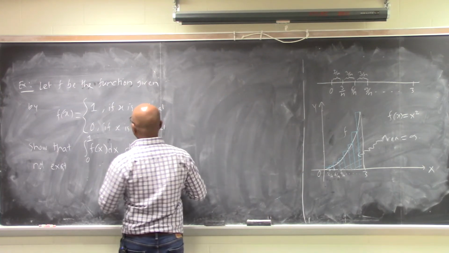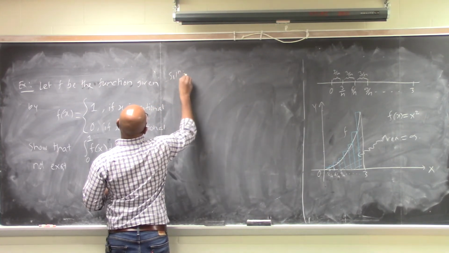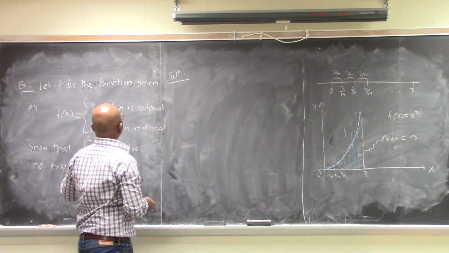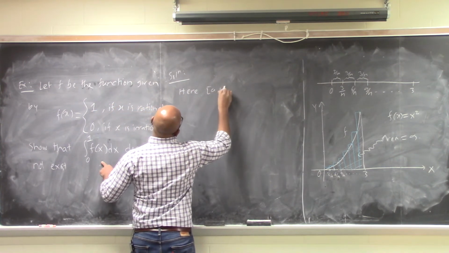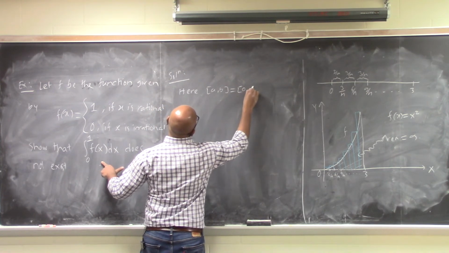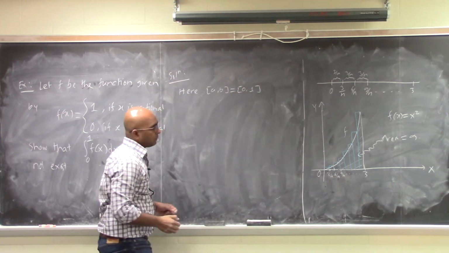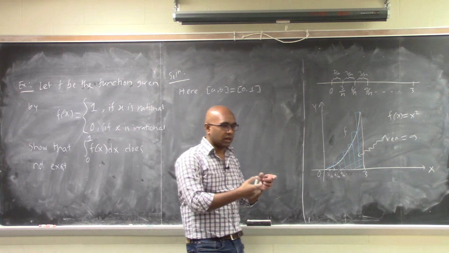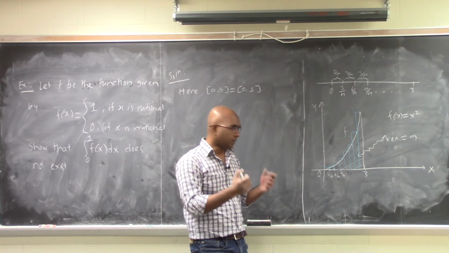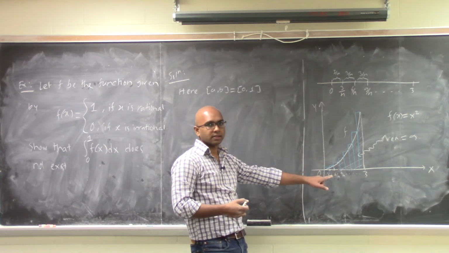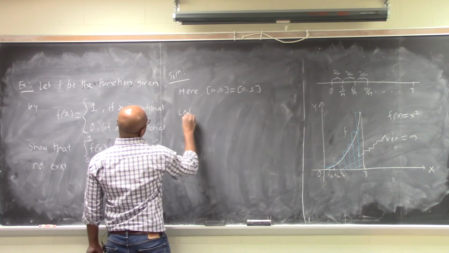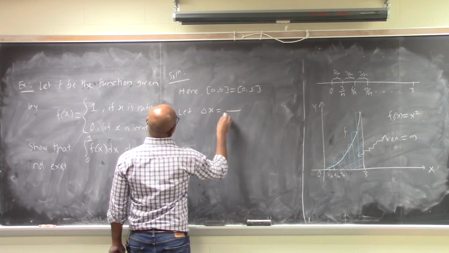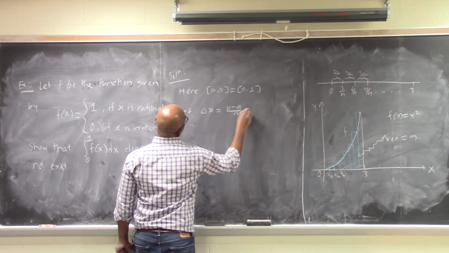So solution. Okay, so our interval is 0 to 1. Our partition will be just a regular partition having all the intervals of the same length, just like this case. Let delta x be (b minus a) over n.